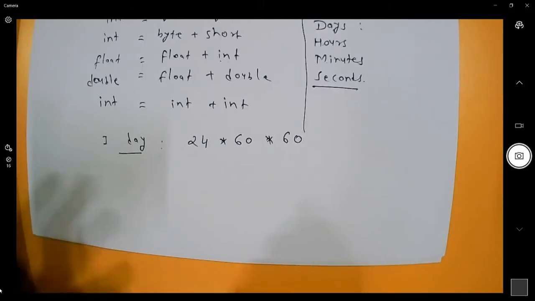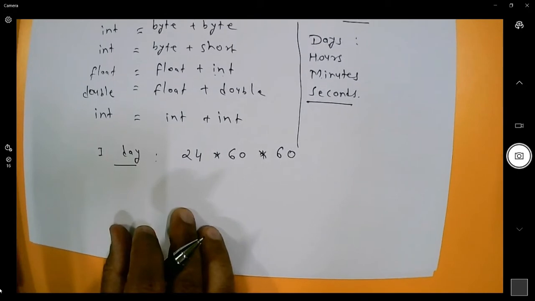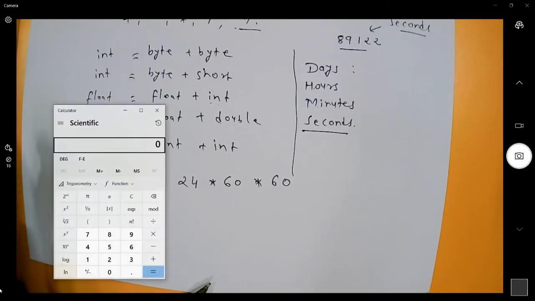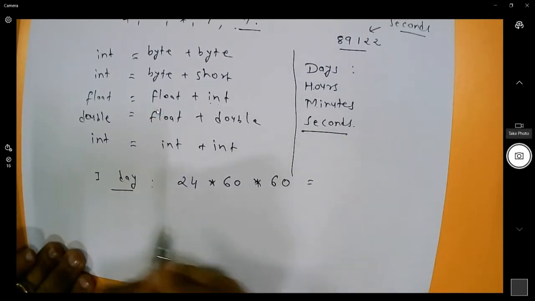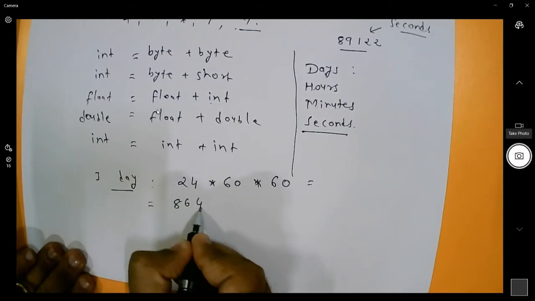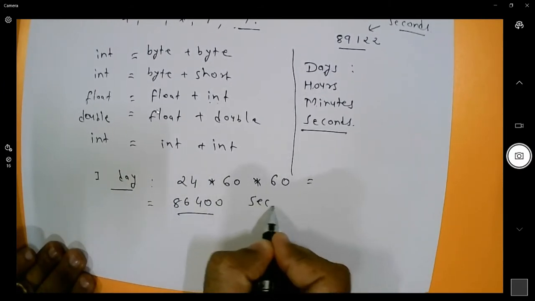Right? So how many seconds are available? I want to calculate this. 24 into 60, it will be 1440, into 60, and you will get 86,400. It means in one day there are 86,400 seconds.